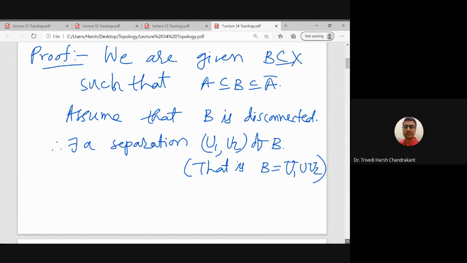And since U1 and U2 are disjoint sets and their union is B in the subspace topology, U1 and U2 are open in the subspace topology on B.